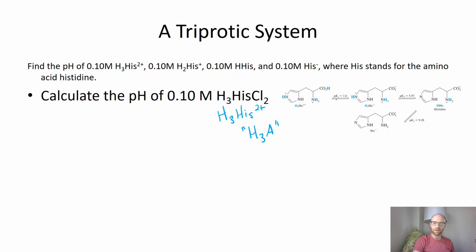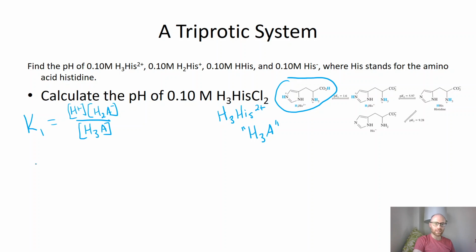But applying our approximations here and our formulas for this fully acid form, what we should simplify to is K1 equals H+ times H2A minus over H3A.